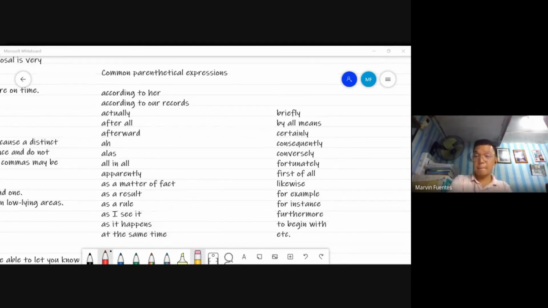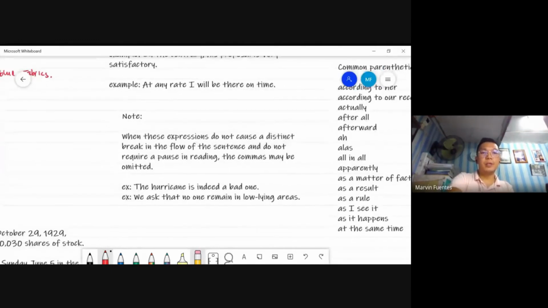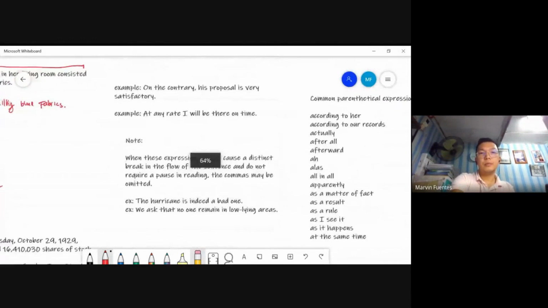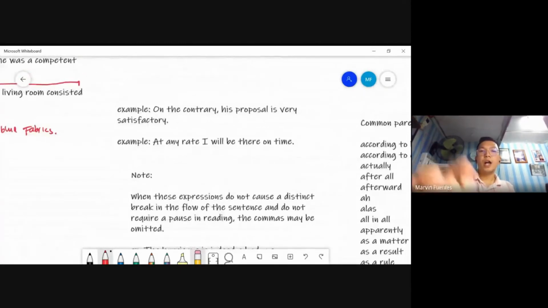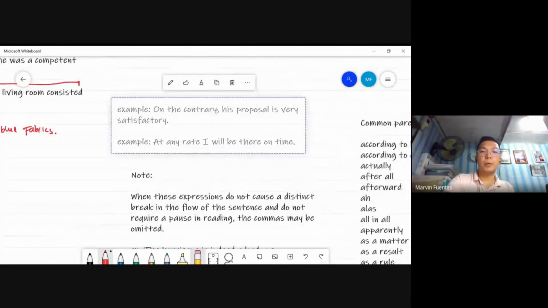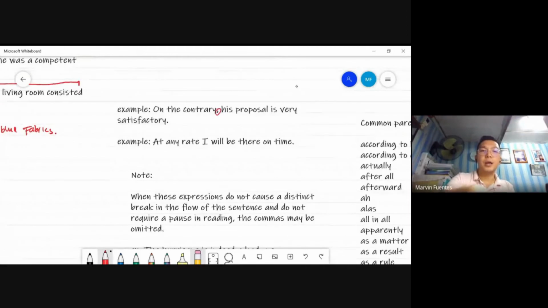Alright? Now, let us have an example. On the contrary, automatic, you're going to put comma after the contrary because this is the parenthetical expression, no? And then there is a succeeding word.